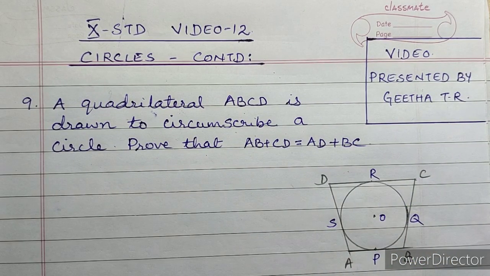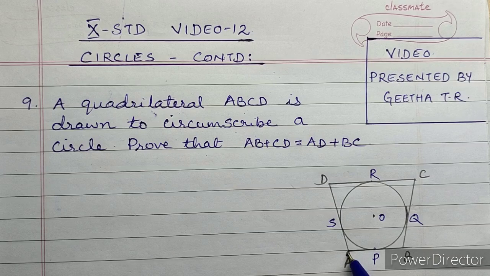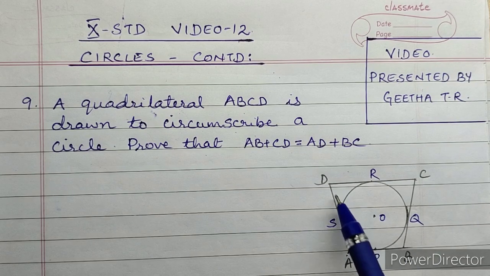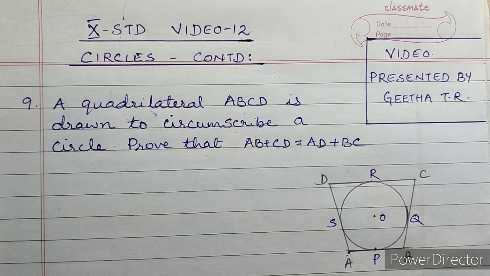Now from this diagram, how can you compare with the circle theorem? See here, if you take point A, these two, AB and AD, are tangents to the circle from A. That means A is the external point and AB and AD are the tangents to the circle from A. You know that from an external point only 2 tangents can be drawn.